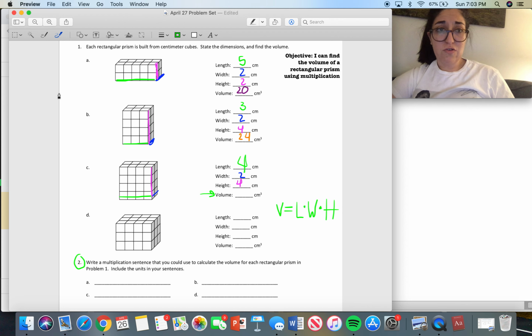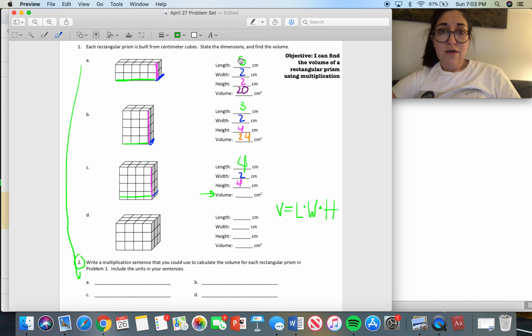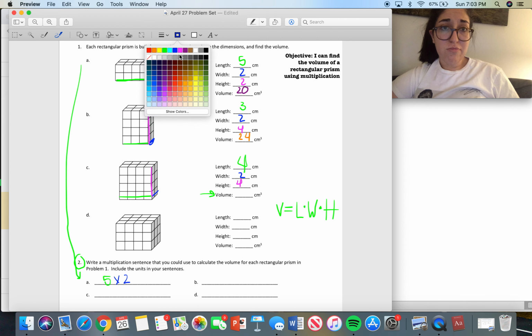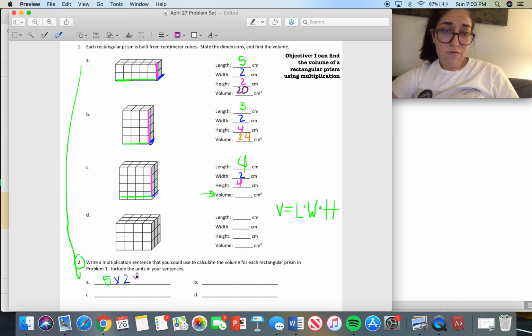So in this case, let's go to A. Five for length times 2 for width times 2 for height, and 5 times 2 times 2 equals 20 cm cubed.